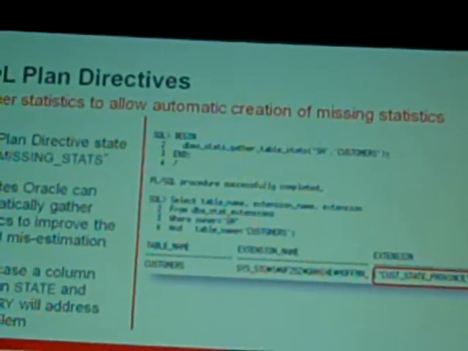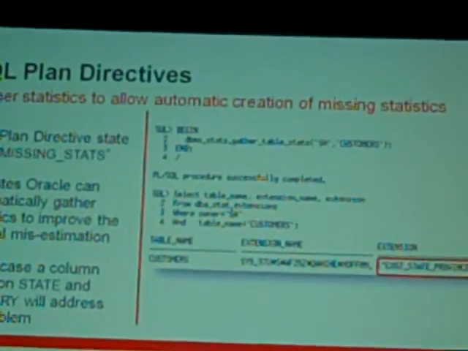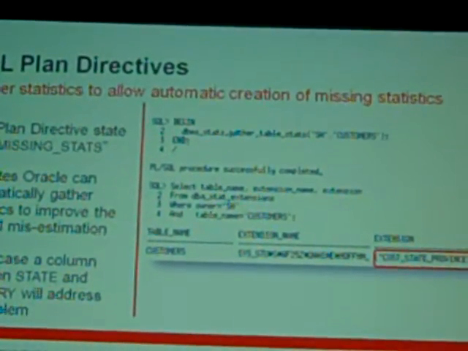So rather than spending all of this time at execution, as one of the audience members pointed out, we are able to create those extended statistics automatically now. So the next time you gather stats on the customer table, we'll automatically create the column group for you, and we will maintain that column group every time you gather stats on that object thereafter.